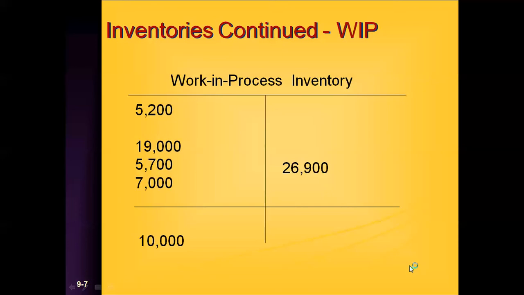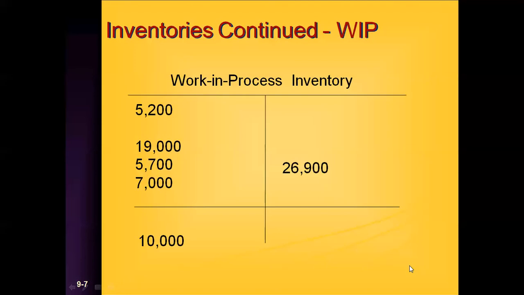The cost accounting guys in a company will use that term frequently. So if you end up going to work for a large manufacturing company, that will be a term you will hear frequently. But work in process inventory is just that. It's the goods that are in the production process.